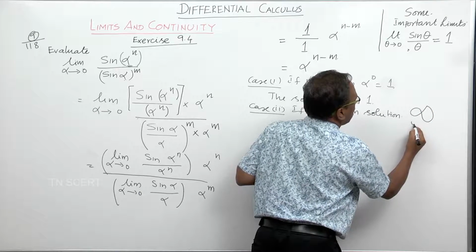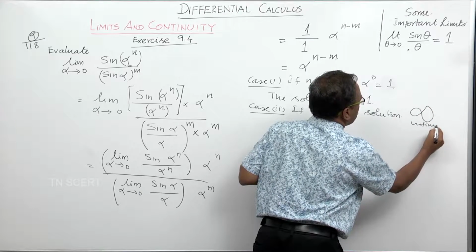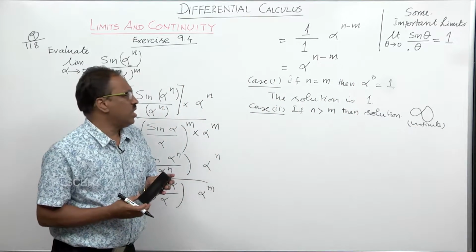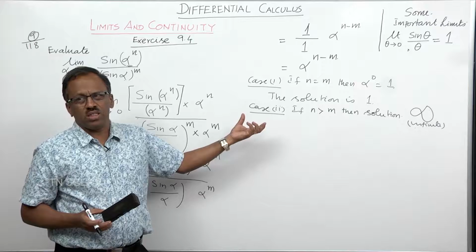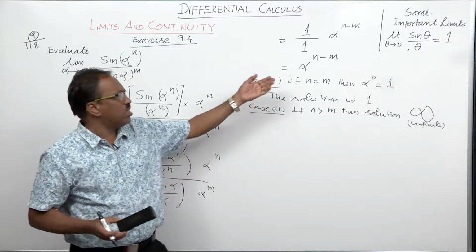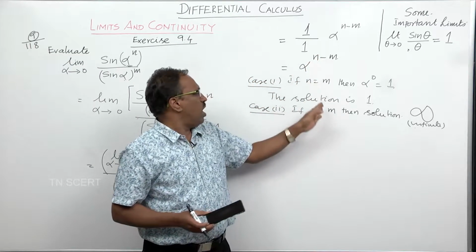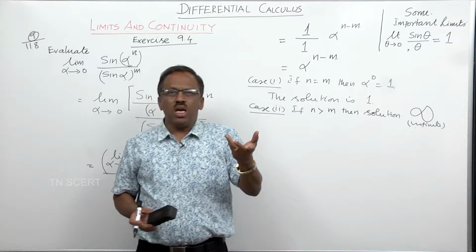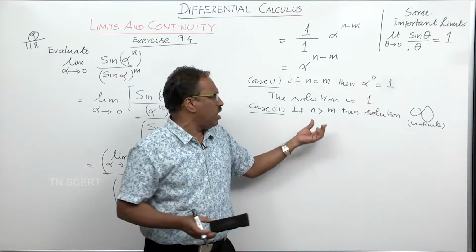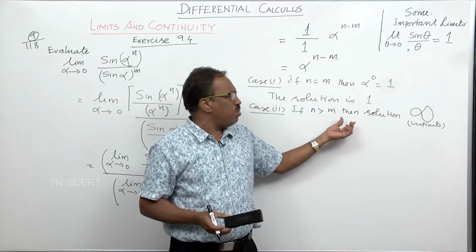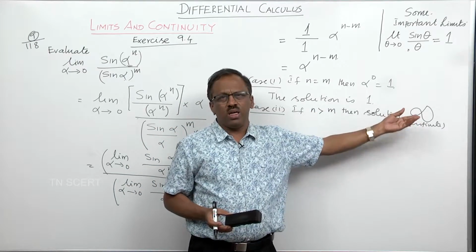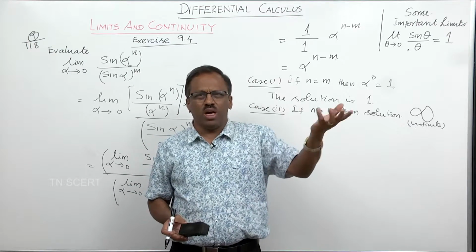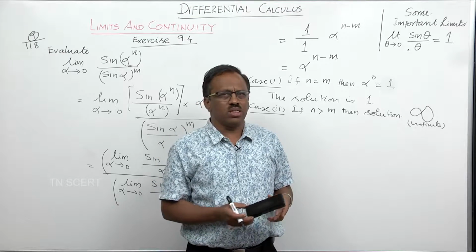Remember that, infinite. n greater than m gives infinite. The solution is infinite because n is such a bigger value and m is a smaller value. We may not know if it is a real number. If you take a real number, that value is obviously bigger, so this case will be infinite.